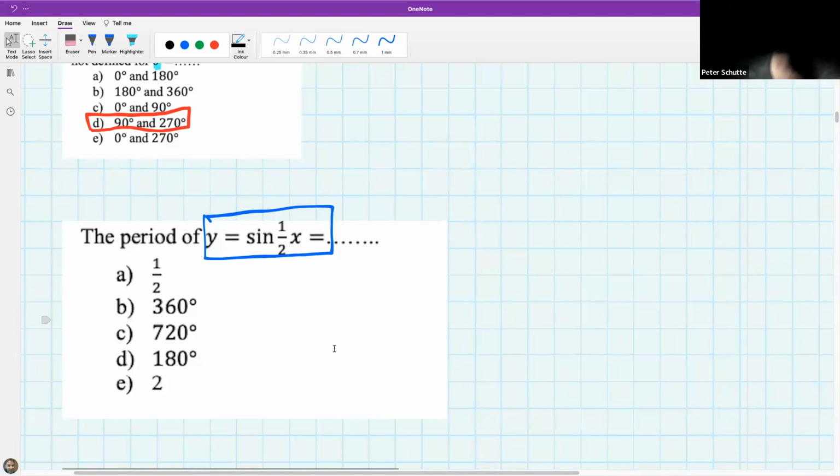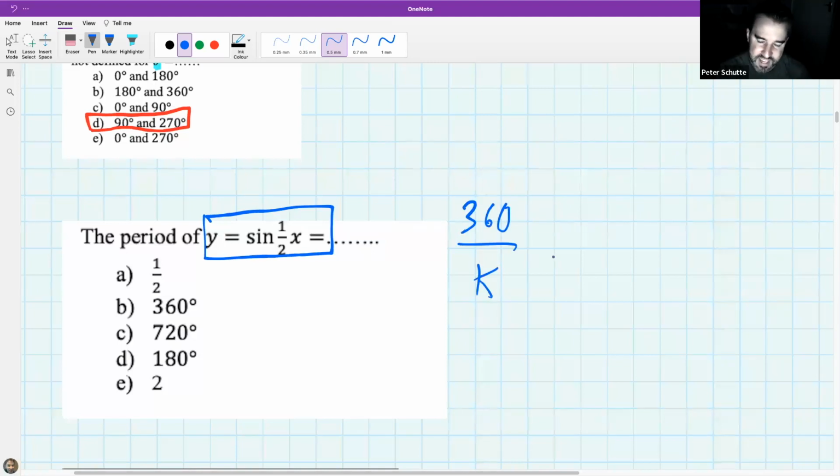So which of these options do we think is right? The formula that we saw in the earlier thing for sine was to go 360 divided by k to get the new period, because the old period was 360.